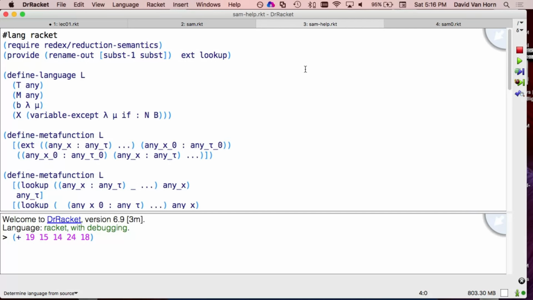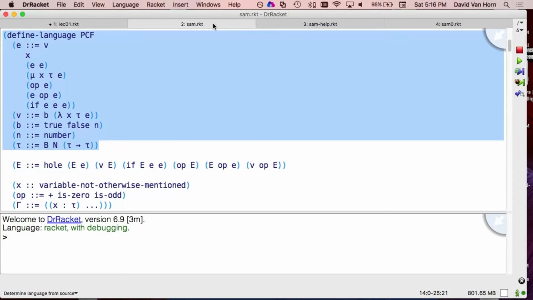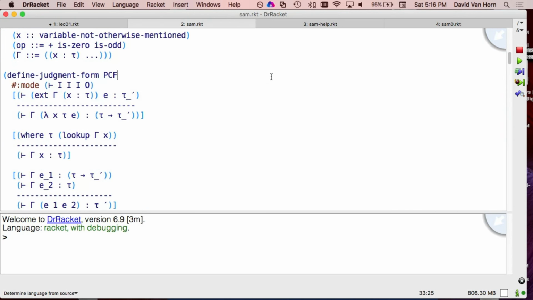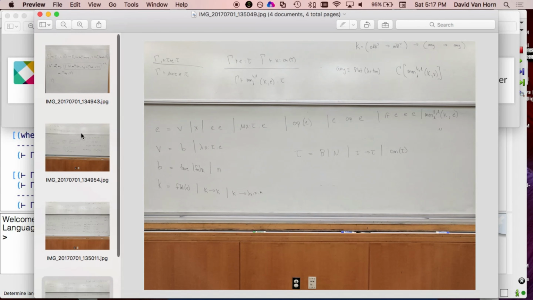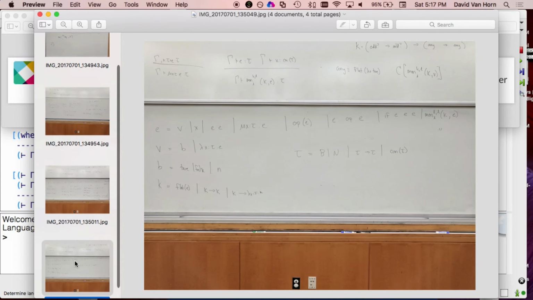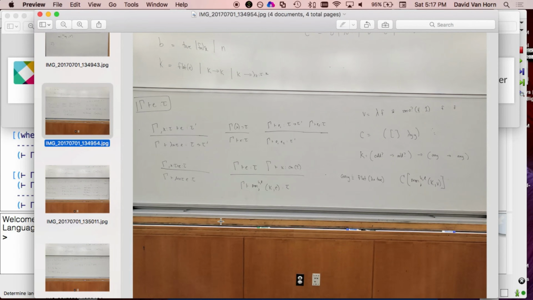Let's see what the next thing is. The next thing Sam did was define the type system. Let me find the right slide. So here are the typing rules that he showed.